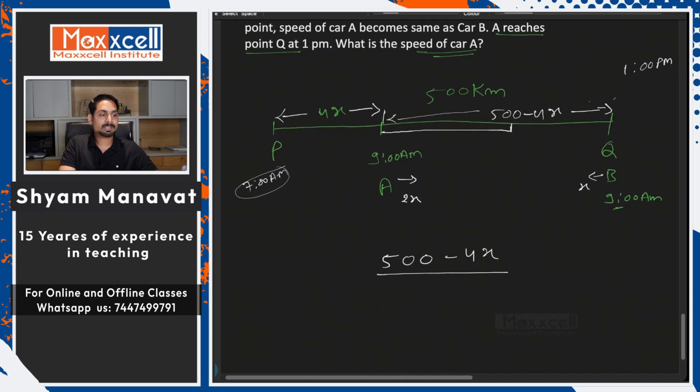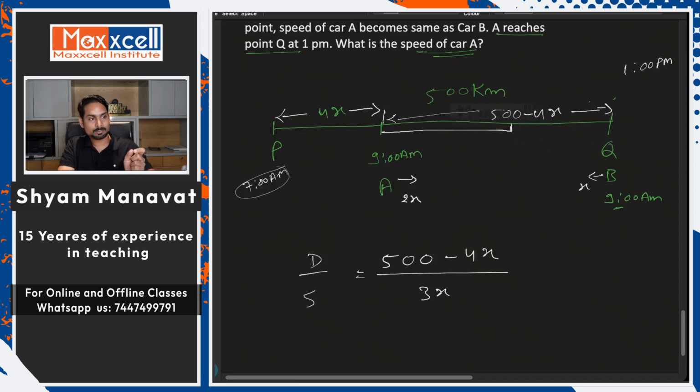Relative speed between them is what? Opposite direction is plus, so 2x plus x is 3x. What did we do? Distance upon speed: the relative distance between the objects divided by relative speed.